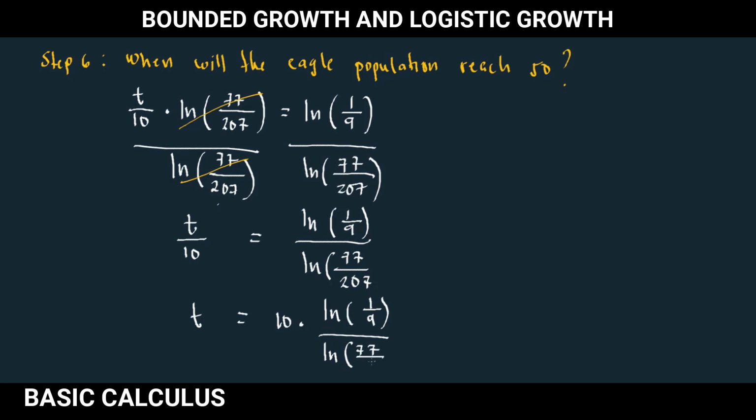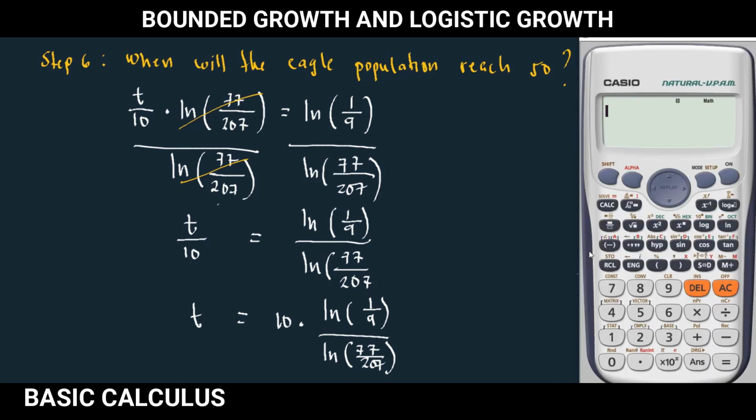Let's use our calculator to solve this. We have 10 times ln of 1 over 9, over the natural logarithm of 77 over 207.